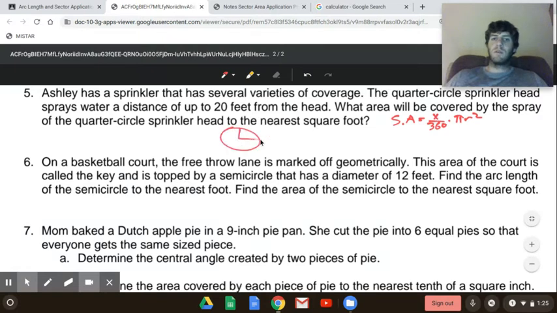So a quarter of a circle is 90 degrees. So this is really 90 degrees. So it's really just a quarter, which is 1/4 times pi, and then our radius would be how far it shoots, right? So it shoots 20 feet. So that's your radius. And then you're able to find that area. Okay.